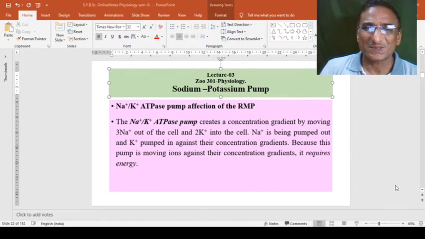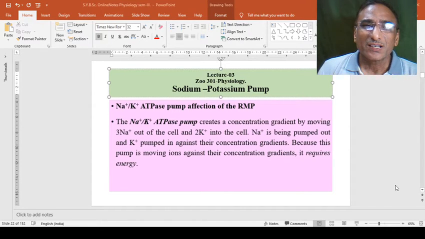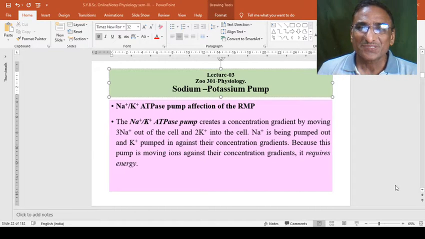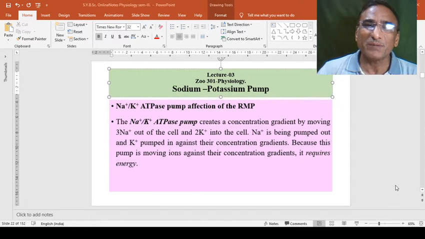Dear students, we will continue the previous topic of resting membrane potential. We have seen what the resting membrane potential is, and which ions take part in maintaining the equilibrium in it, that is sodium, potassium, and chlorine.